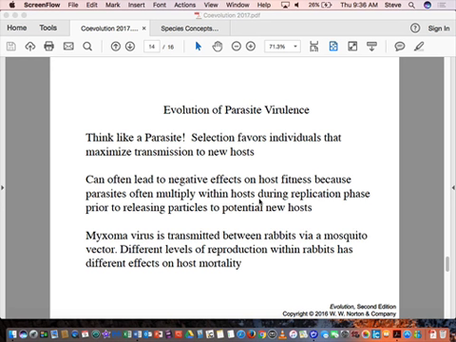It has to be transmitted via a mosquito vector. How do you think those mosquitoes transmit the parasite from an infected rabbit to an uninfected rabbit? What do you think is the mechanism? Huh?